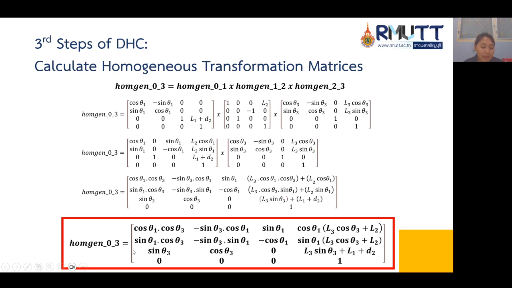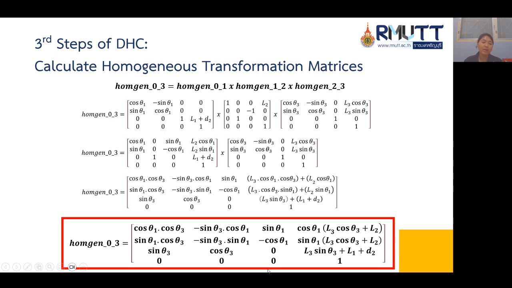And for the third row: sin theta 3, next element cos theta 3, next element 0, next element L3 sin theta 3 plus L1 plus D2. And the fourth row: the first element is 0, the next element is 0, the next is 0, and the last is 1.